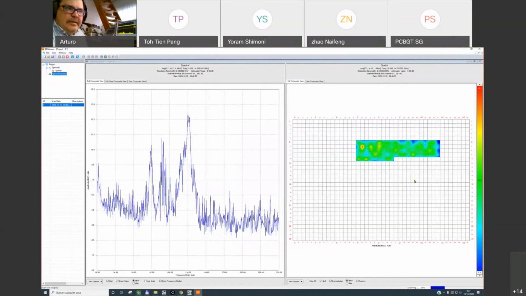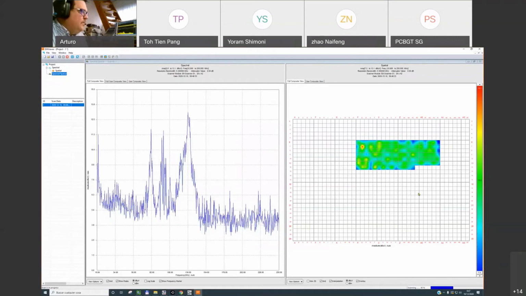So typically, these green colors will be converted to blue colors, and this area here will start to have green, yellow, or red colors, depending on the frequencies of interest. Now you can see that again we can identify a frequency that is close to 11 megahertz, and we can see emissions at 130 megahertz that are distributed below the device under test.